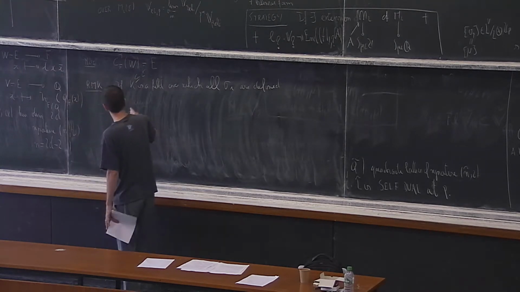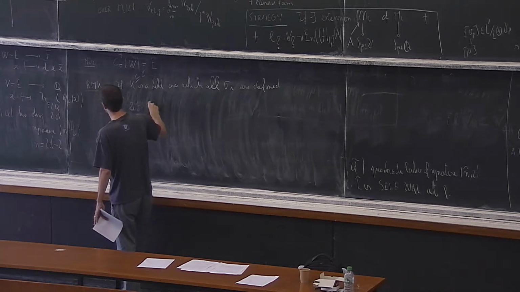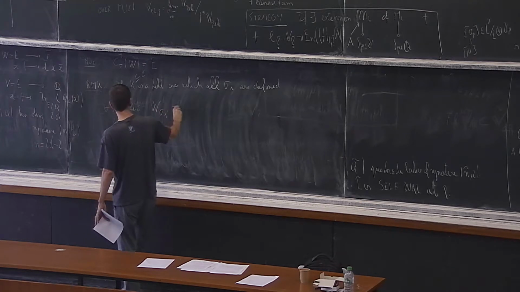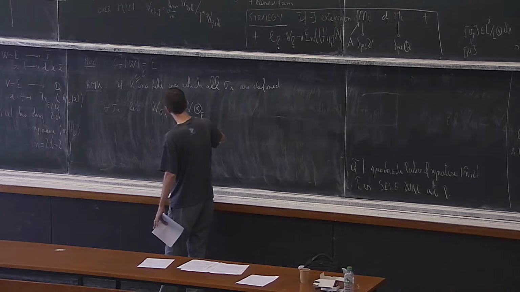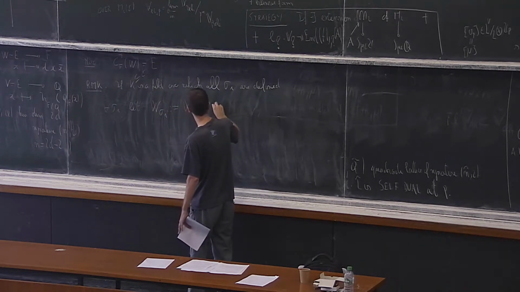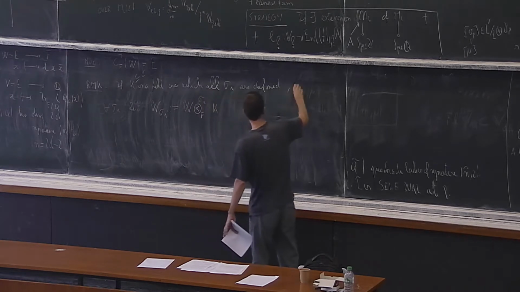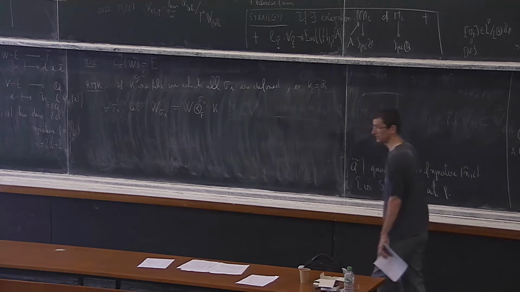So I can, for every sigma I, let W sigma I simply be the base change of W, viewed as an F vector space via sigma I, over K. For example, here you could take, of course, K equal R. It doesn't matter, right?